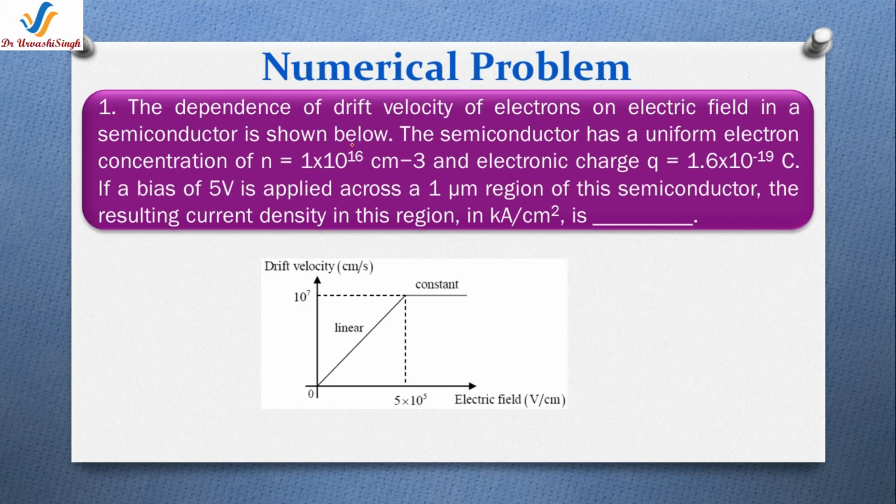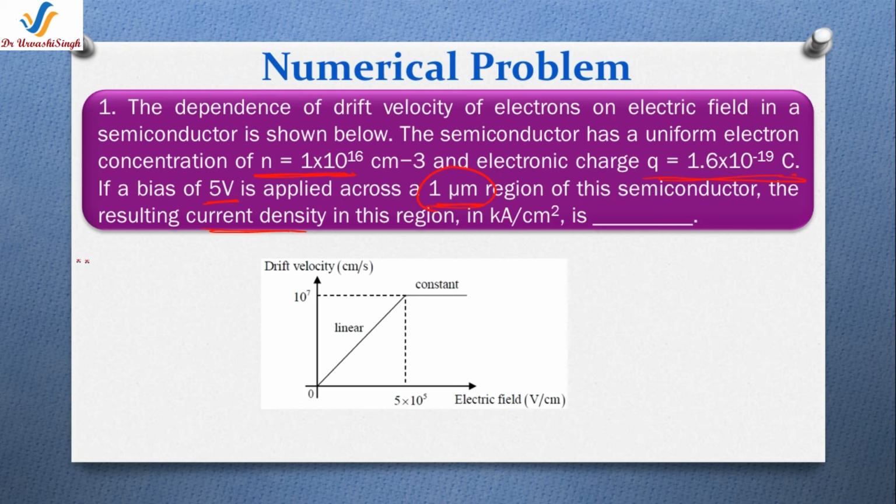So first of all, we have the uniform electron concentration, the charge of the carriers, and we have the voltage and the length of the material. Using these you can find out the electric field, and then we need to find out the current density. These are the given entities, and only one, the length of the semiconductor material, is not in the standard unit, so you have to convert it into centimeters.